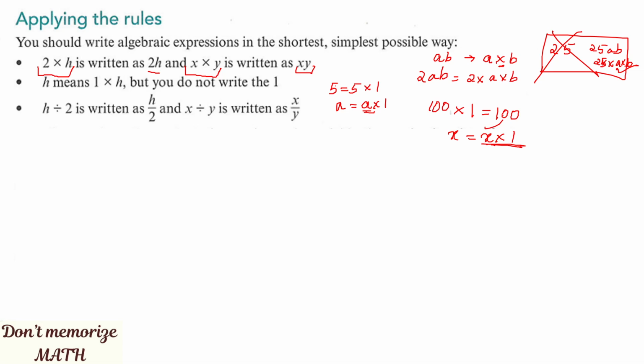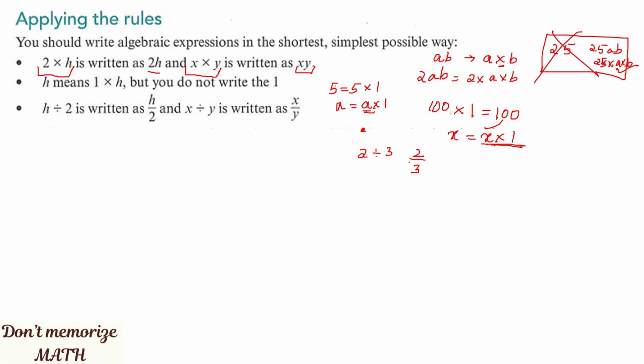Next one, x divided by 2 is written as x over 2, and x divided by y is written as x over y. This is also a basic thing, and not only in algebra. In the basic classes we usually write 2 divided by 3, but it is the same as 2 over 3.